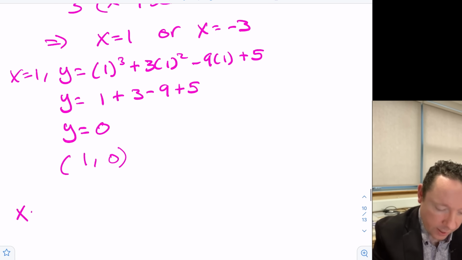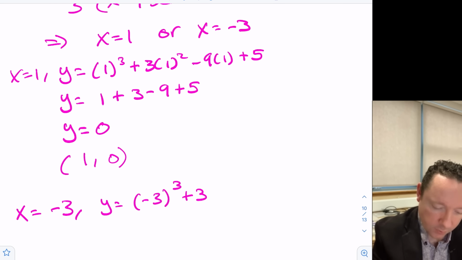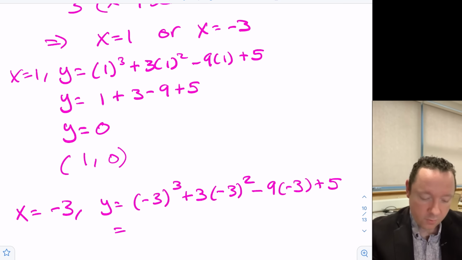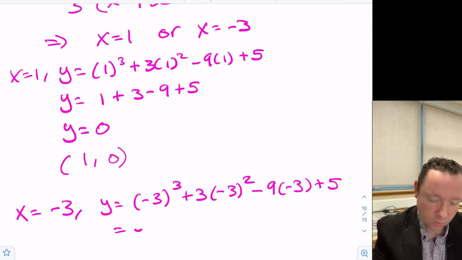When x equals minus 3, we can do the same thing. So y would be minus 3 cubed plus 3 times minus 3 squared minus 9 times minus 3 plus 5. Keeping your wits about you, because it is a non-calculator paper, minus 3 cubed is minus 27. 3 squared is 9, times 3 is plus 27.